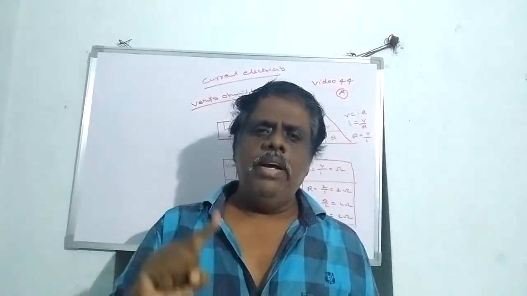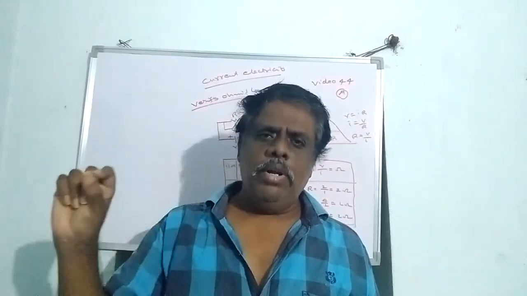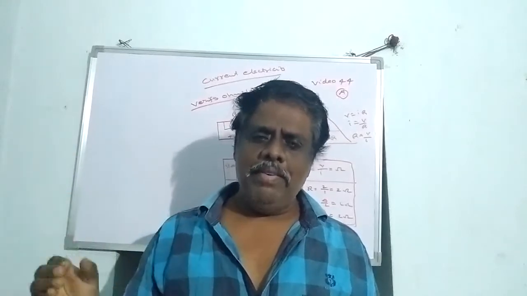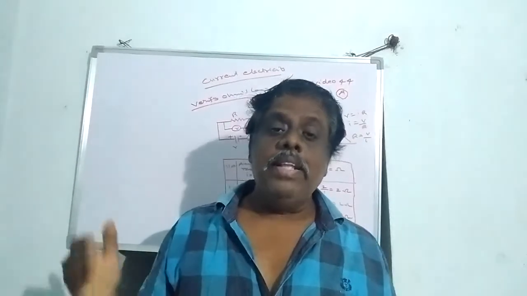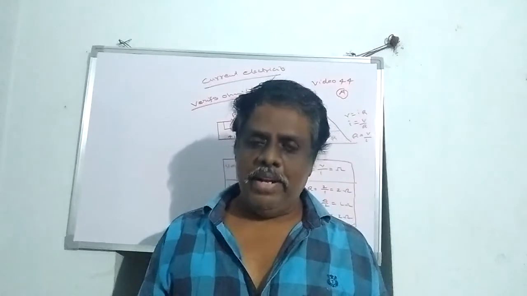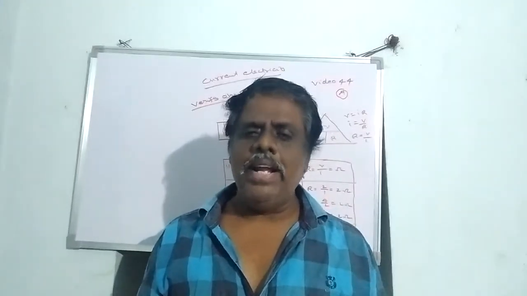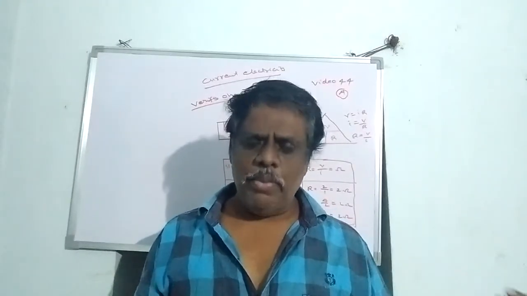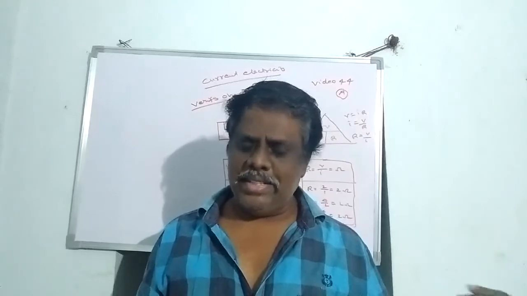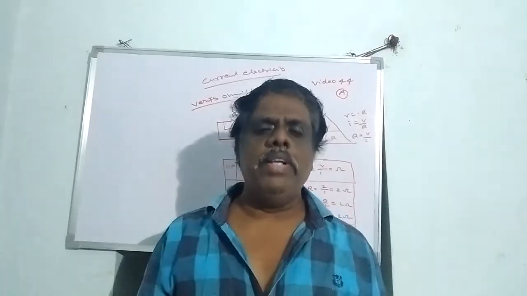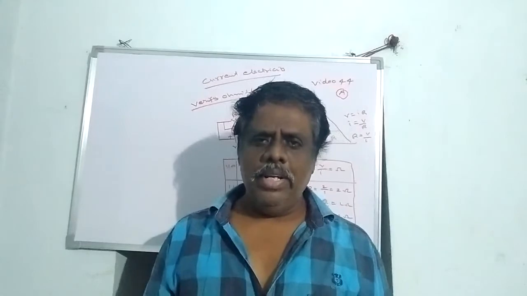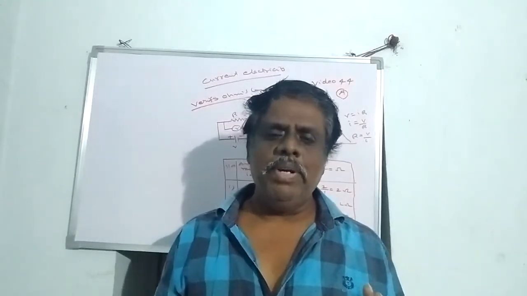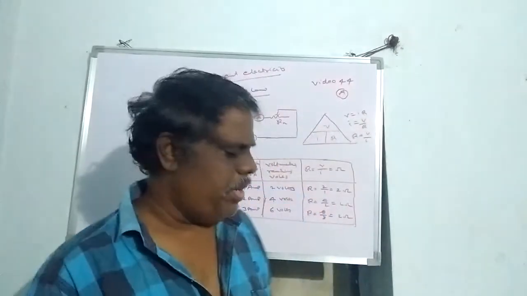With the ammeter we can measure current, and with the voltmeter we can measure the potential difference between the two ends of the battery. Similarly, the ammeter should always be connected in series in the circuit, but the voltmeter should always be connected in parallel. These are the main differences between ammeter and voltmeter.